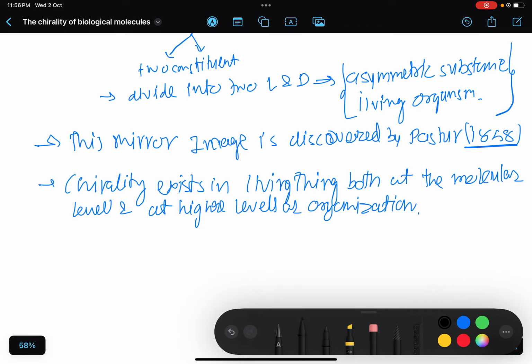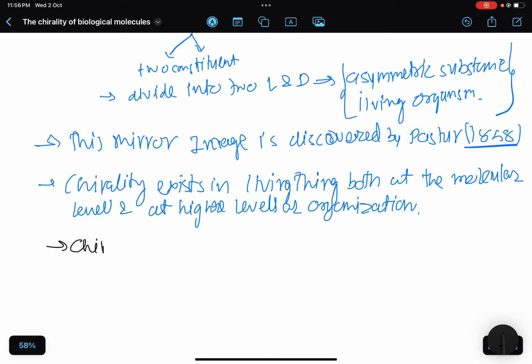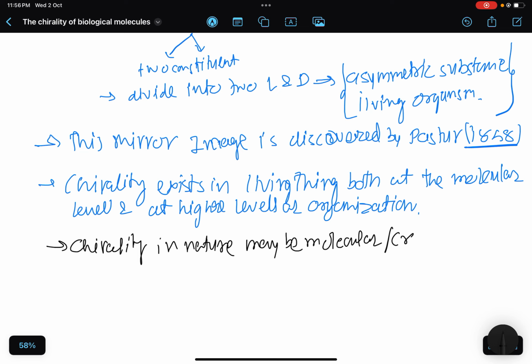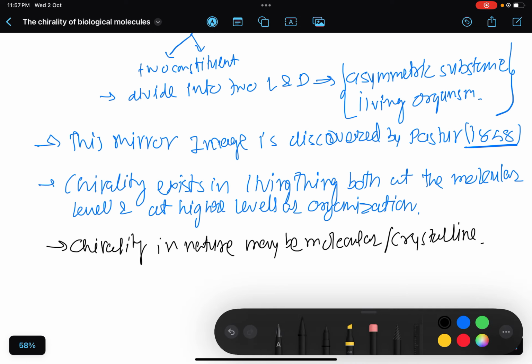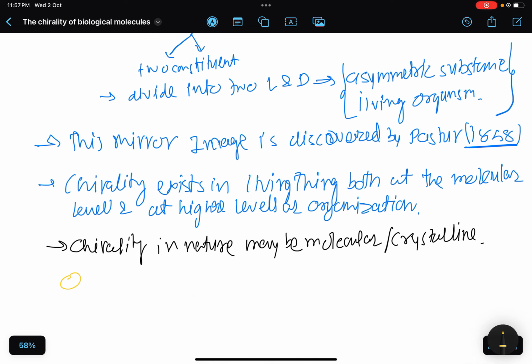By the way, chirality in nature may be molecular or crystalline. An example is quartz.